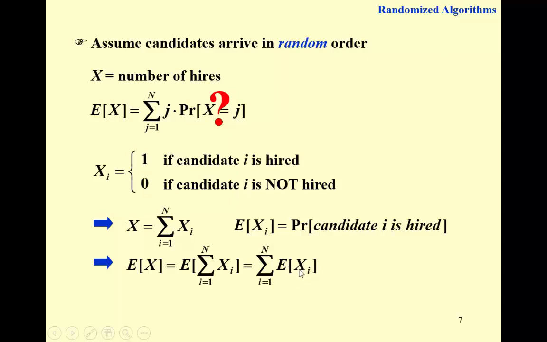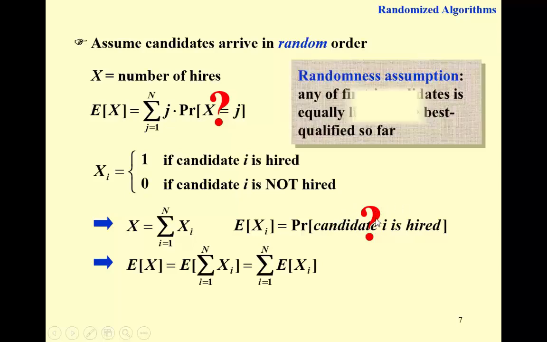All right? But what is this? Still, we don't know. That's why whenever we analyze randomizations, we have to make some assumptions. Assumptions about equally likely.